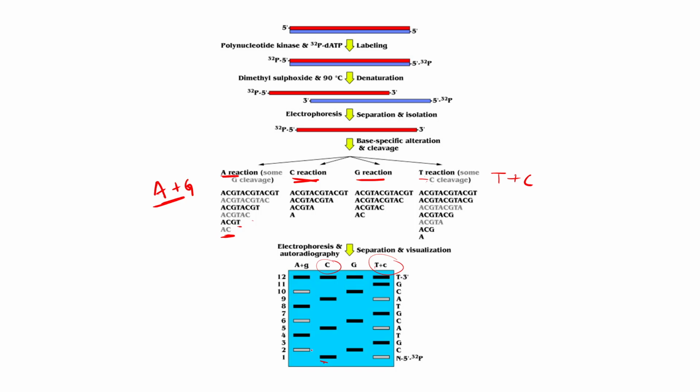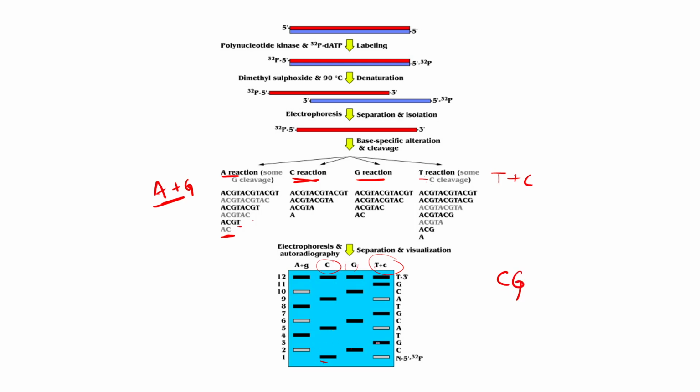Since the first band is there in the C reaction alone also, the band that we are seeing in the T plus C reaction is actually due to the nucleotide C. Next is present in the G reaction and the A plus G reaction. That means the common one is G, so G will be the next nucleotide base.